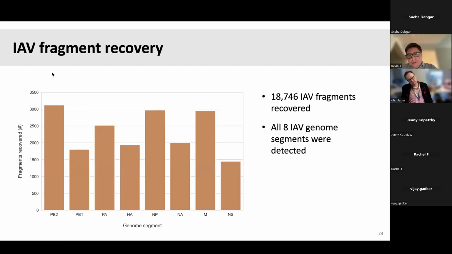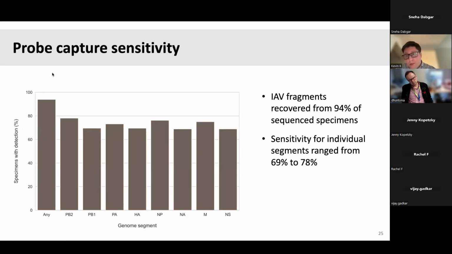Nonetheless, though, we recovered almost 19,000 fragments of flu genome from these specimens. And this bar plot here shows that we were recovering thousands of fragments from each segment of the flu genome. Now this bar plot shows the sensitivity of the probe capture sequencing platform we developed.